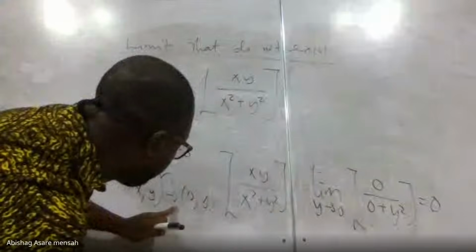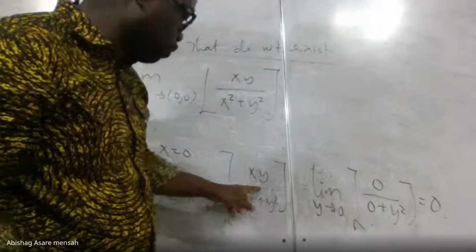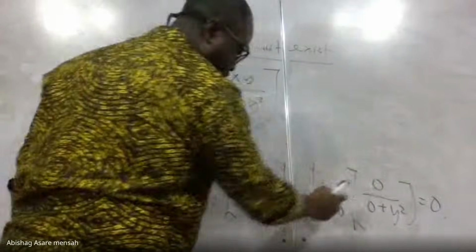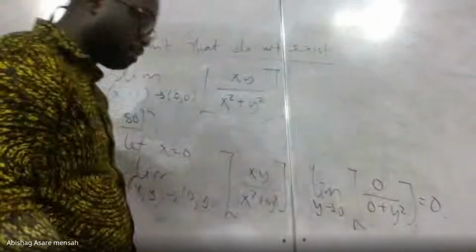No, where y equals 0, when you go further into the bracket, just look at it. If you put this one here, you are saying that x is equal to 0, right? So this one will give me 0, and the result of this will be 0.